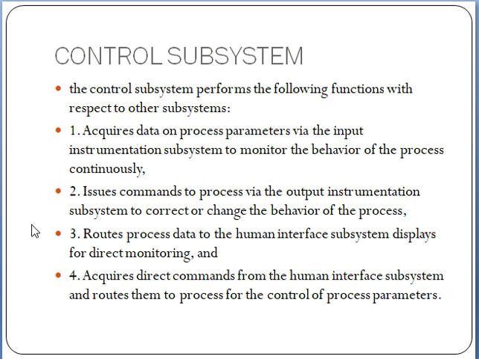Issue commands to process via the output instrumentation subsystem to correct or change the behavior of the process. Process data to the human interface subsystem displays for direct monitoring, and acquire direct command from the HMI and route them to the process for the control of process parameter.